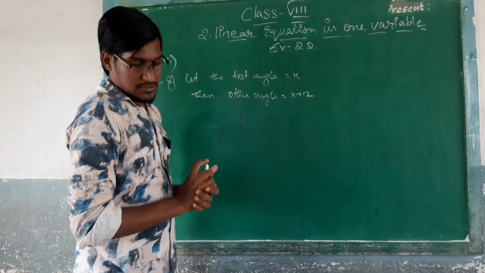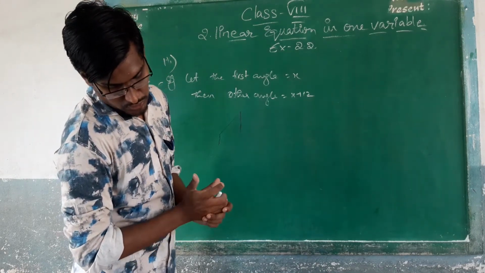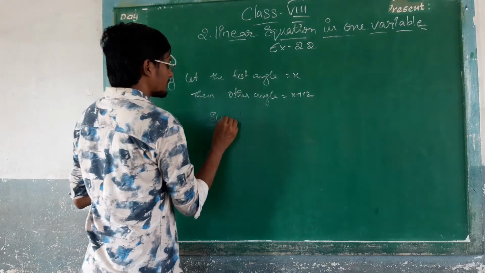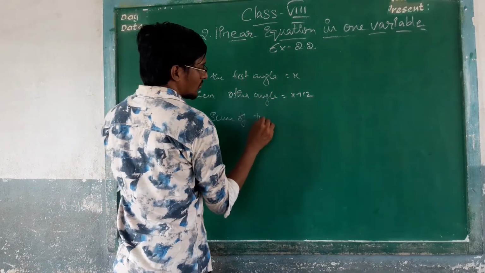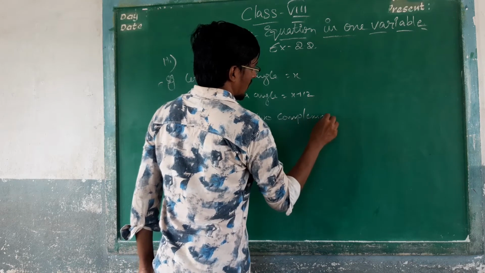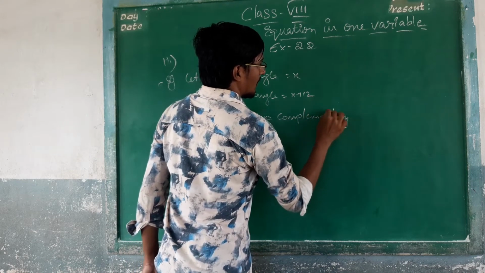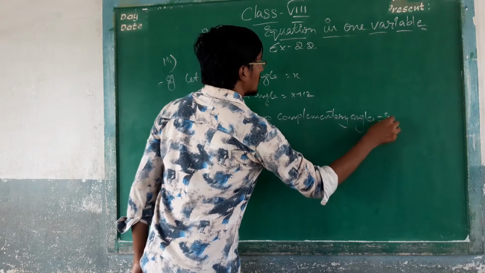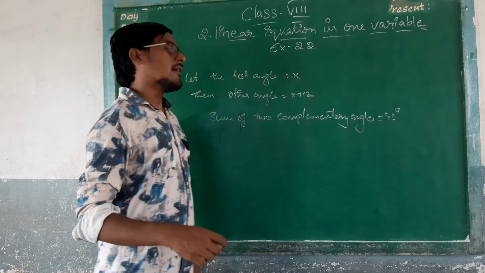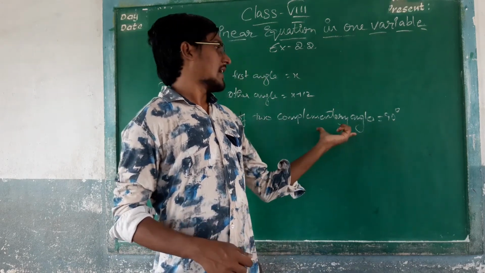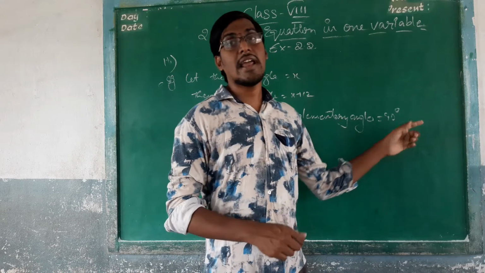Here given two complementary angles. We know that the sum of two complementary angles is equal to 90 degrees. Complementary angle means 90 degrees.